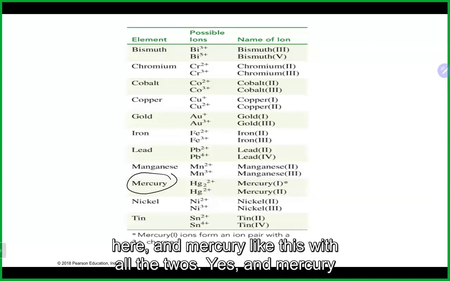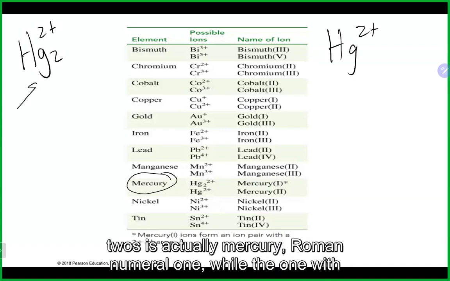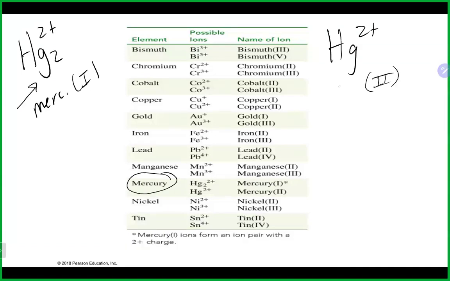And mercury is over here. Mercury like this with all the 2's, and mercury like this with just 1 2. Oddly, the one that has the most 2's is actually mercury Roman numeral 1, while the one with only 1 2 is actually Roman numeral 2 for mercury.